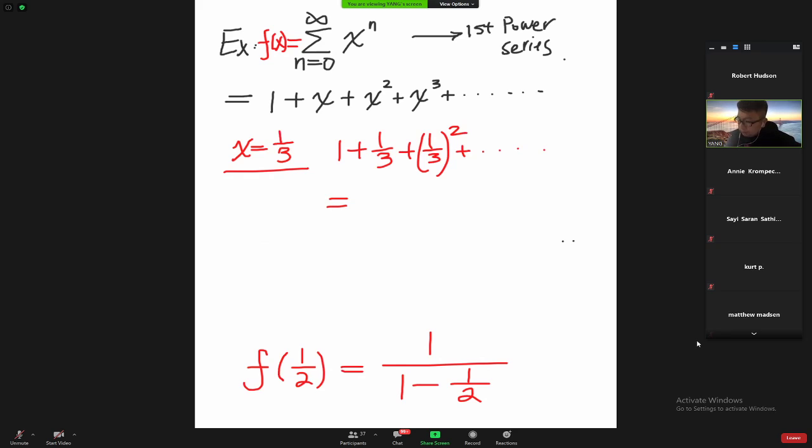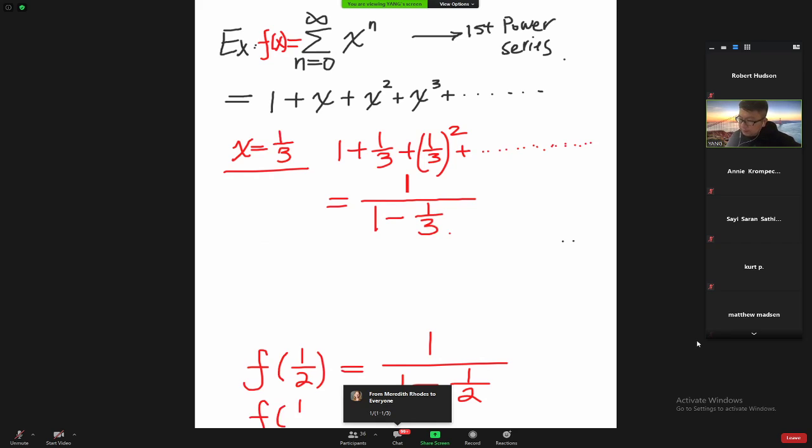This series is also what series? It's also geometric, it also converges, and you can also tell the result. Is that 1 over 1 minus 1/3? Yes, good. So I got f(1/3) equals 1 over 1 minus 1/3, right? I'm just keeping going.